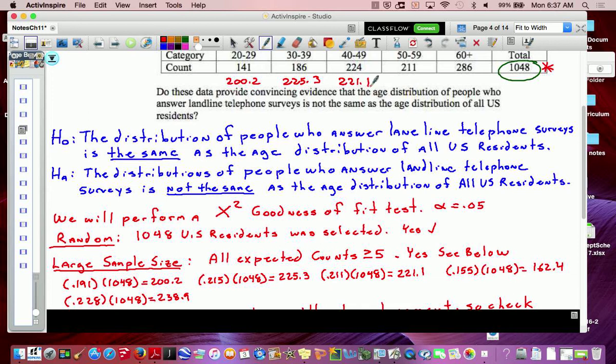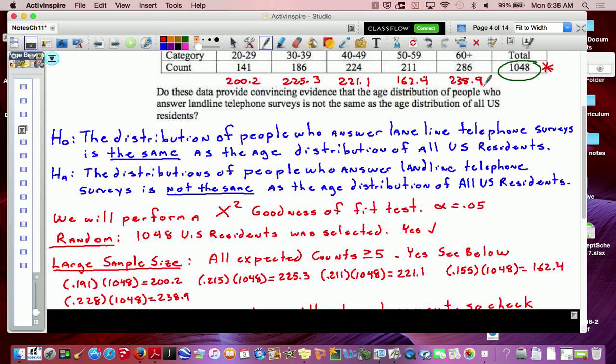We expected to get 162.4. And then on the last one, we expected to get 238.9. So we do want to keep the decimals. I know we can't have tenths of a person, but again, we're looking at the theoretical probability of getting this. So we want to try to be as accurate as possible.